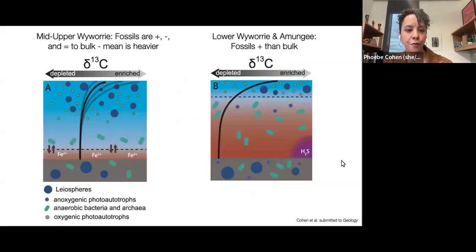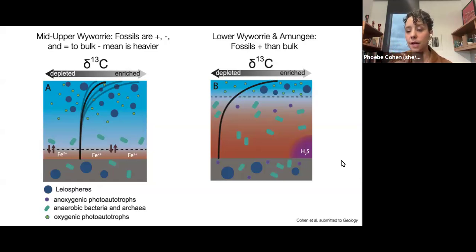All right, so here's our cartoon version of the interpretation of our data. In the upper part of the section, we have organisms living in maybe a thicker oxygenated layer, and therefore recording more variability depending on potentially the thickness of that oxic layer, as well as the efficiency of the biological pump, recording isotopic values that are equivalent, heavier, or lighter than the bulk.